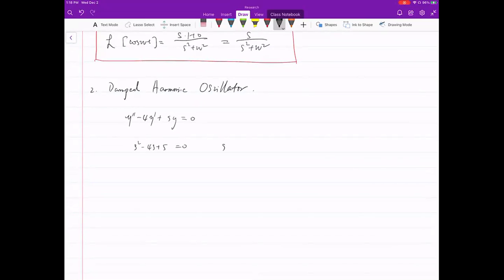So s equals 4 plus or minus the square root of 16 minus 20, over 2, which is 2 plus or minus i. That implies we have two solutions. The first one is e to the 2t cosine t. The other one is e to the 2t sine t.